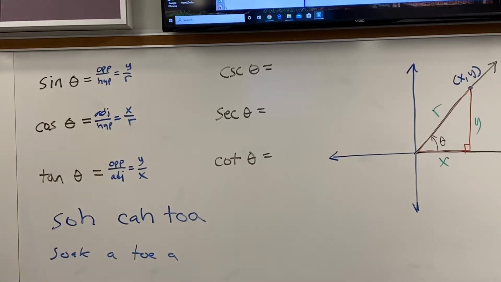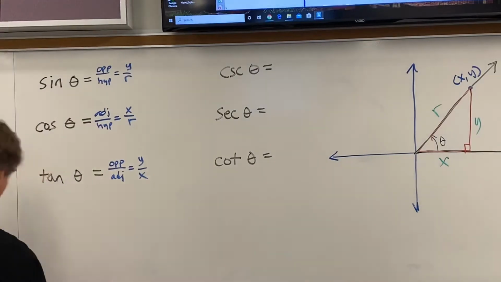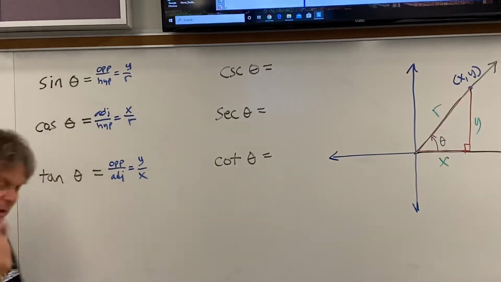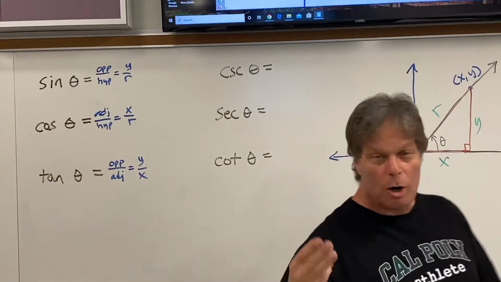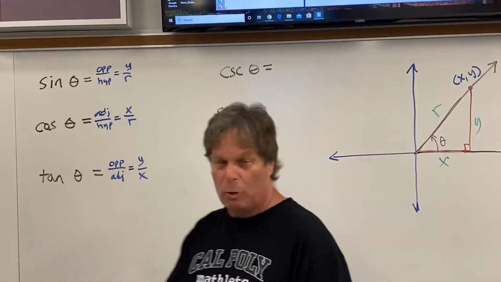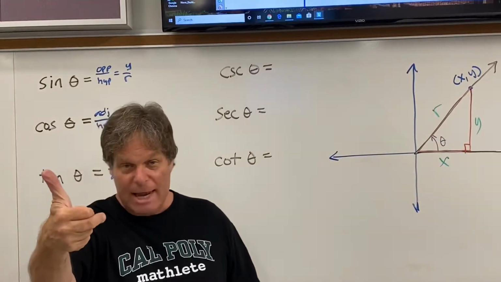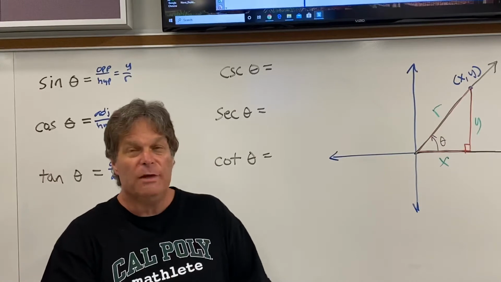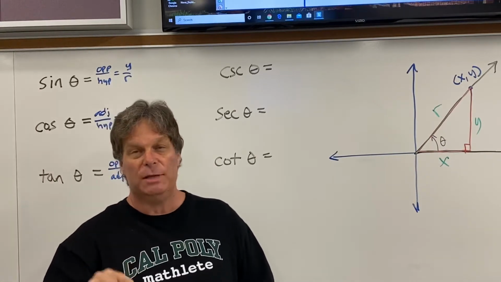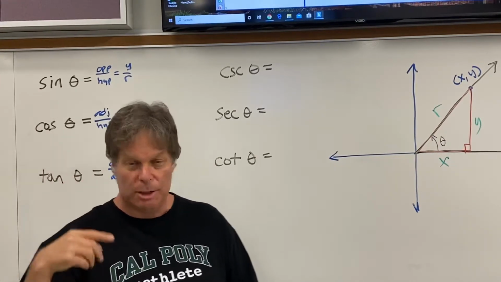Now, here's the thing. I told you the cosecant, secant, and cotangent are reciprocal functions. What does reciprocal mean? Just flip the things upside down. So it goes sine, cosine, tangent, then secant, cosecant, cotangent, okay?